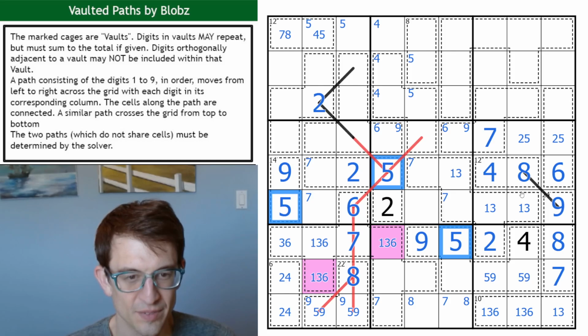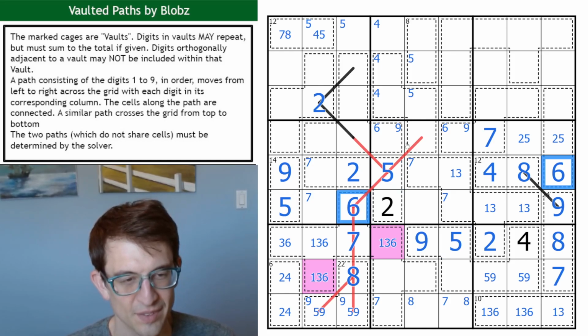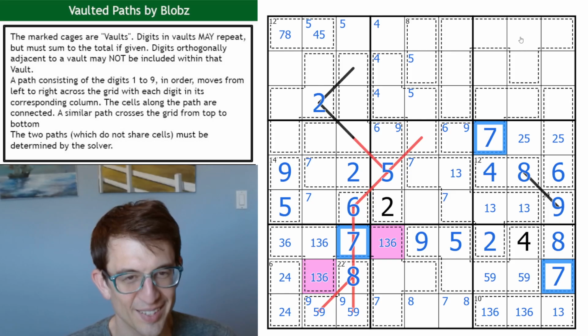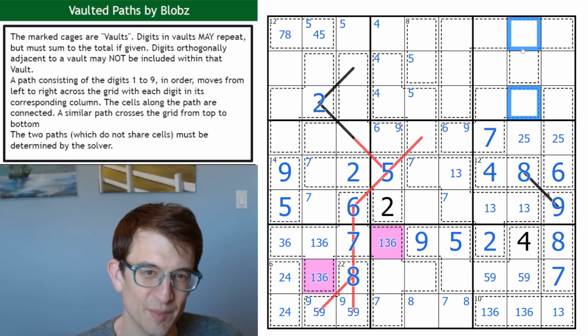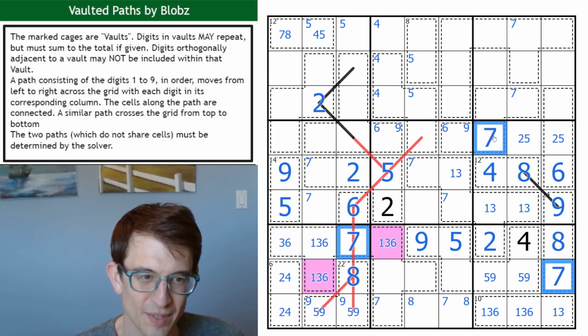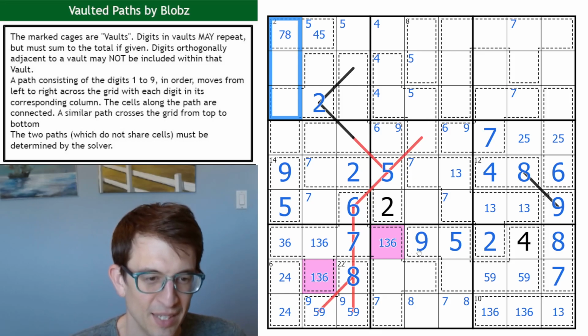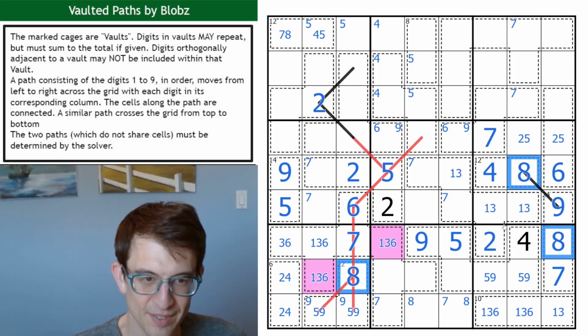5s. Okay. 7 can't go here by the vault rule, so it's one of those. Mark that. Seven isn't here, actually. No. No, that's not helpful. 8s. 9s.